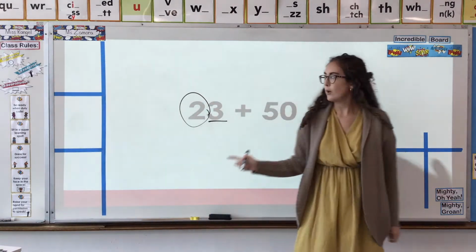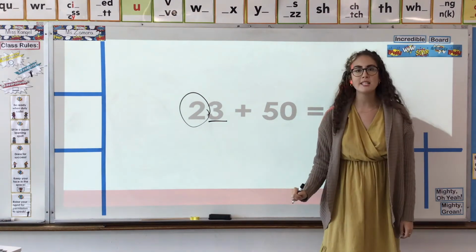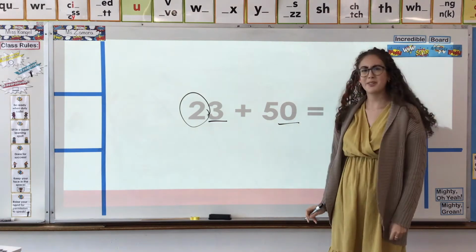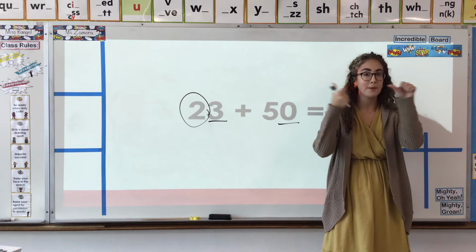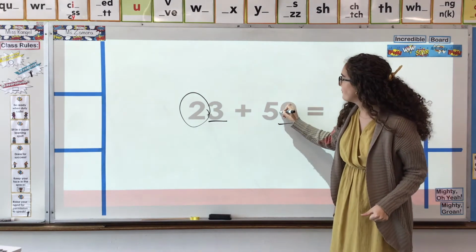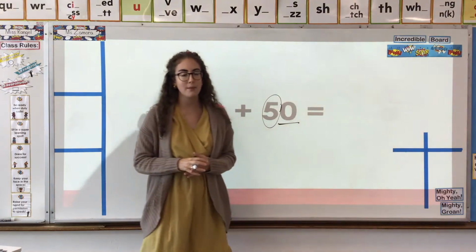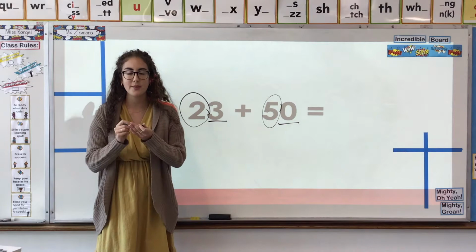Okay, what about 50? This is a new number. What is in the ones place? It's a 0. There's nothing there. Then what number is in the tens place? The 5. So now that we've determined each number's place value, we can add numbers in the same place.